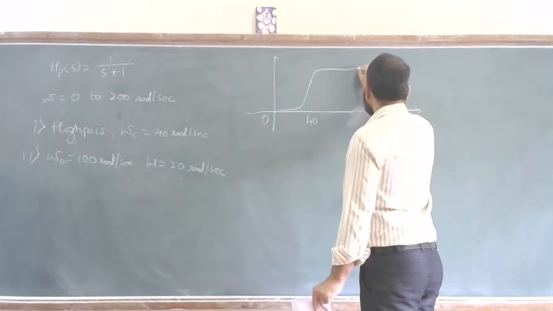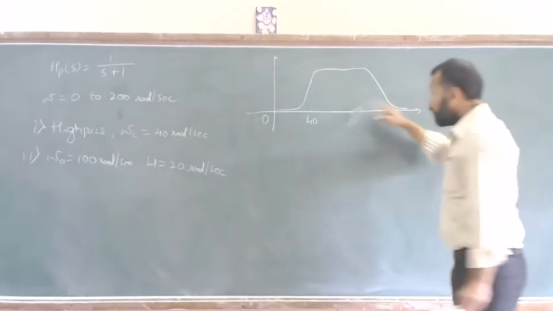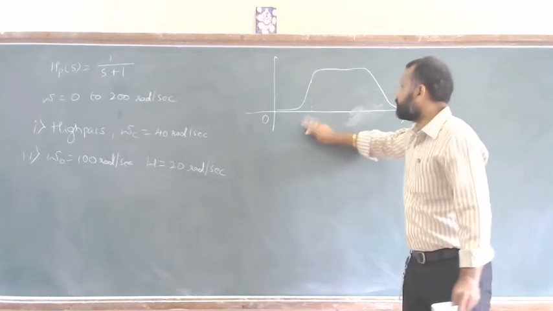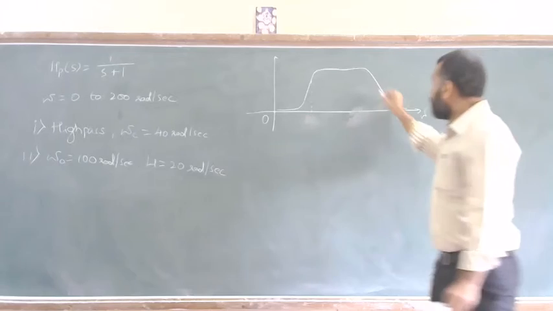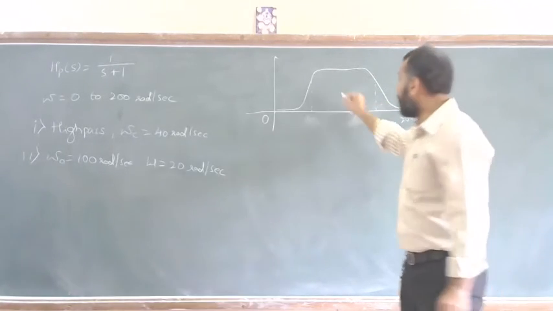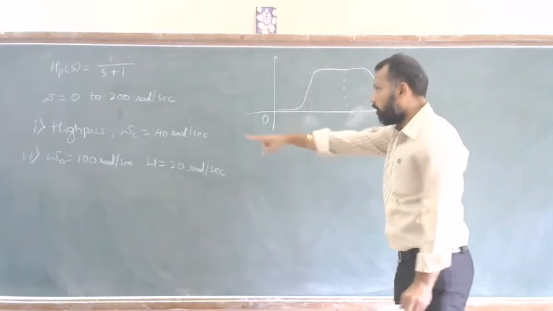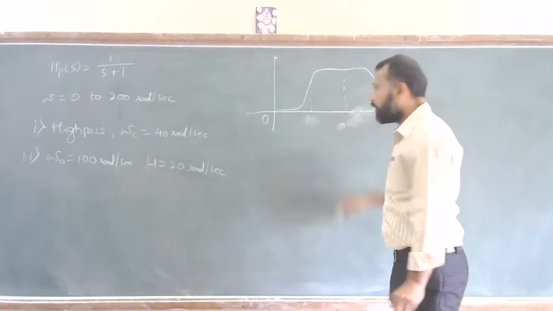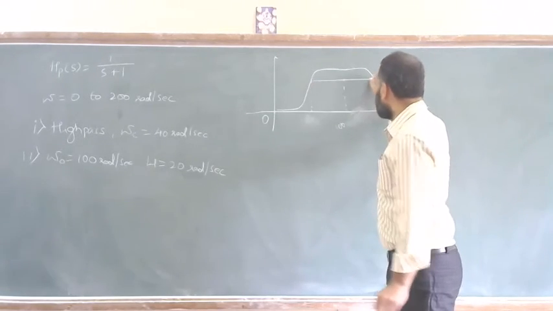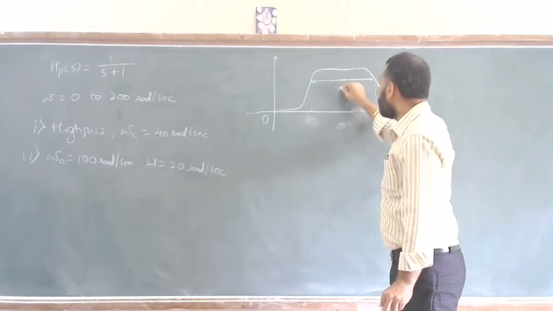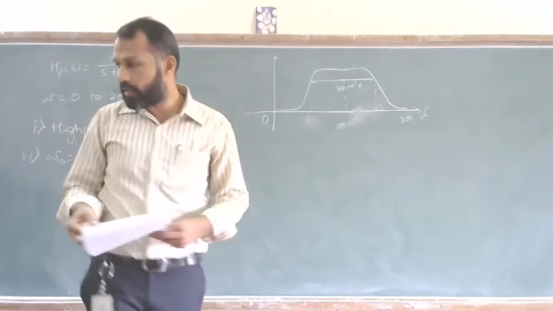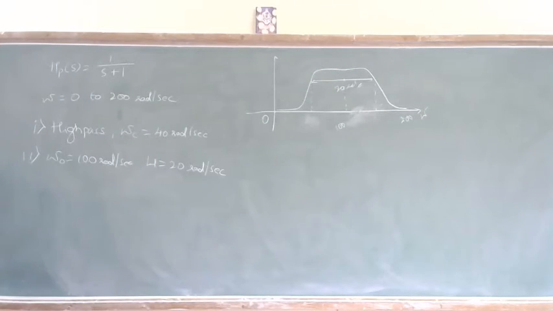Again, the frequency taken will be till 200 radians per second only. The lower and higher cutoff frequencies have not been given, but the center frequency is 100 radians per second and the width of the pass band is 20 radians per second. So these are the problem statements. Did you get this?